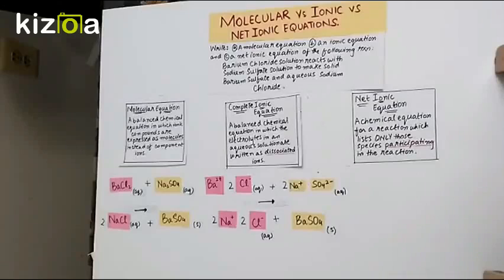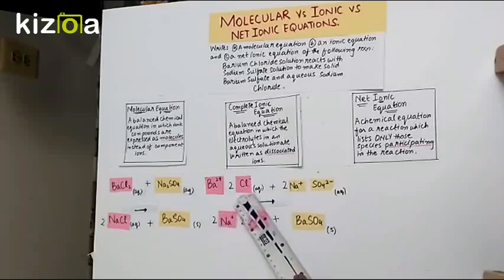And we want to see the participating species for the final reaction. We can get rid of the ones that are not participating. If we were to transform this complete ionic equation, that's why it's called complete, because it has all the ions, into a non-ionic equation, we would look at the reactant side, above the arrow.